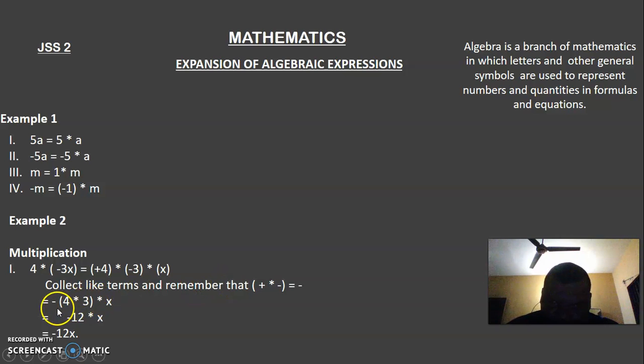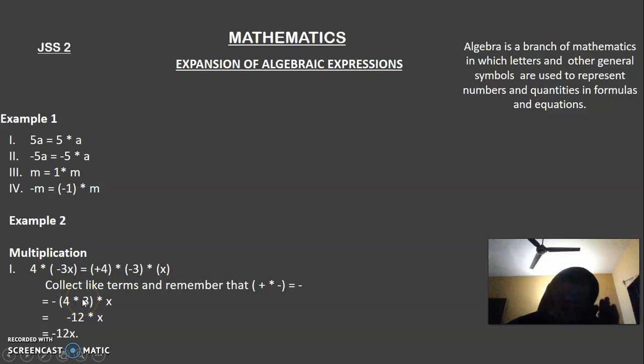So that means minus open bracket 4 times 3, where 4 and 3 are numbers, close bracket times x. We've collected like terms by putting 4 and 3 in the brackets.